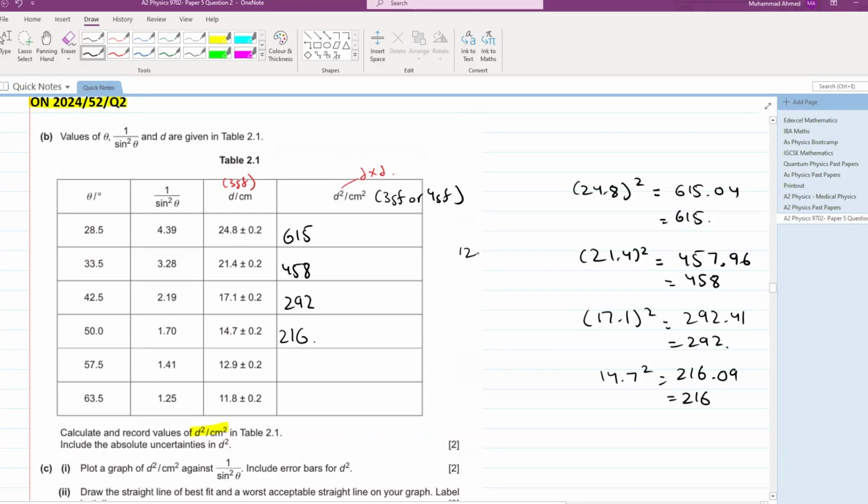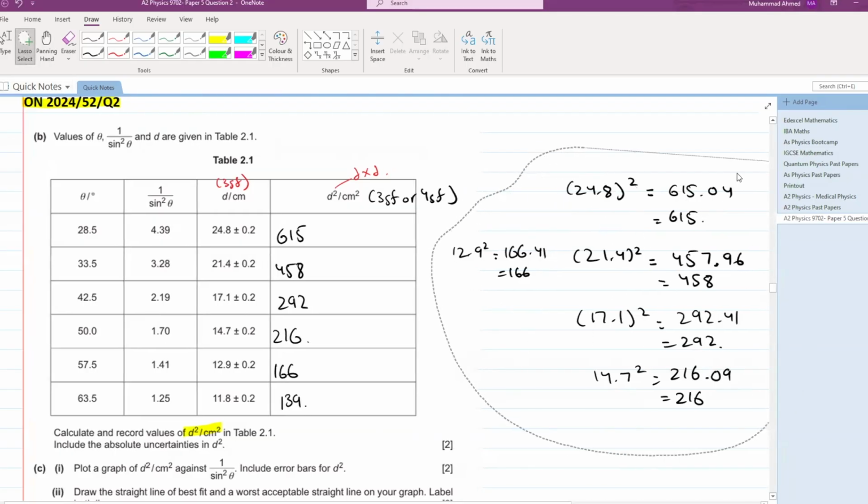Let's do it for 12.9 square. 12.9 square equals 166.41. This will be equal to 166. To three significant figures, 11.8 whole square equals 139. Perfect. So this is how you will calculate the values of d square to the appropriate number of significant figures.